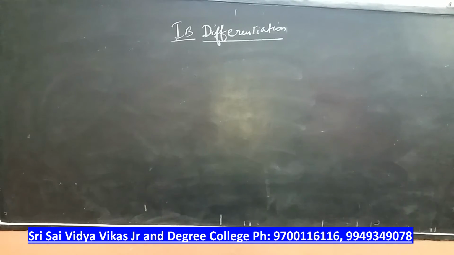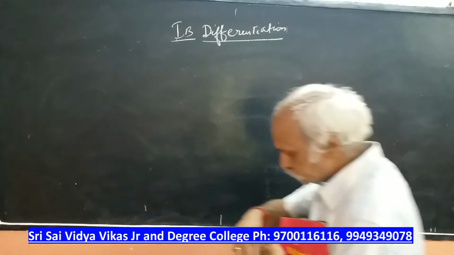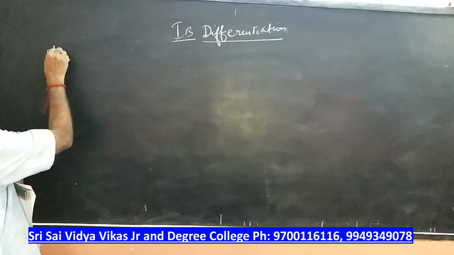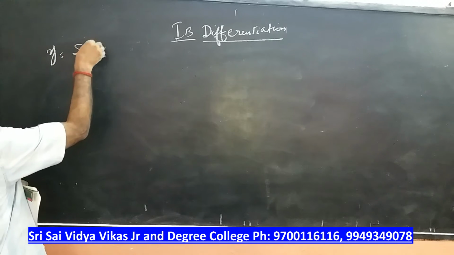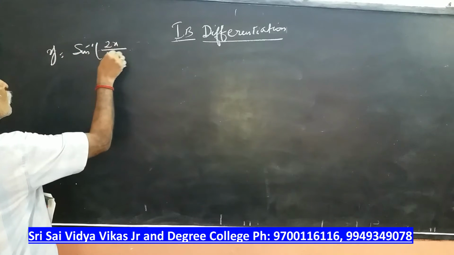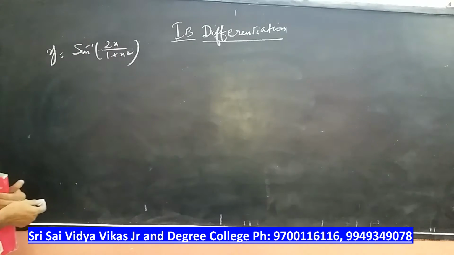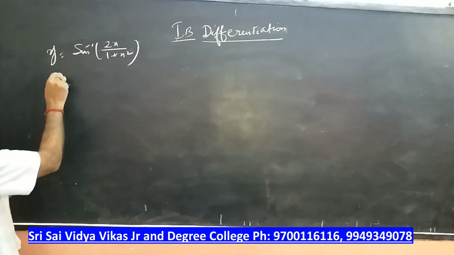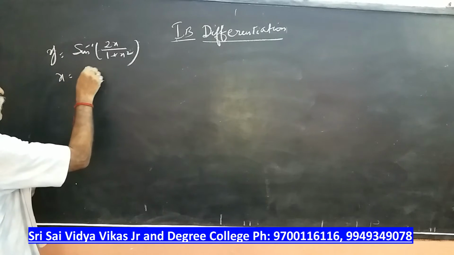Now look here. There are three problems I will be doing simultaneously. Y is equal to sin inverse of 2x by 1 plus x square. X is equal to tan theta.